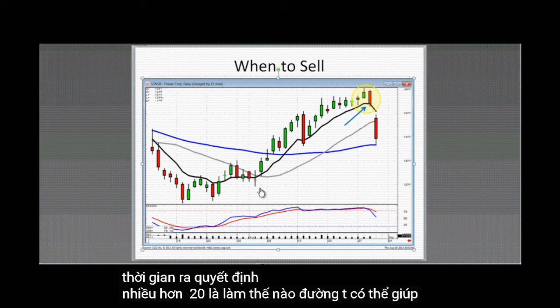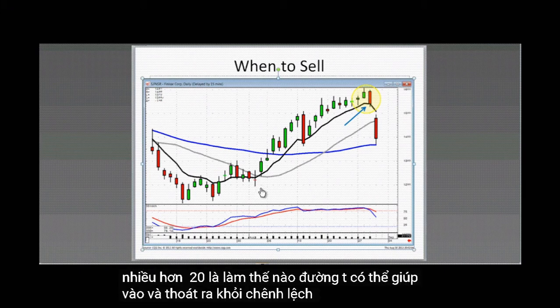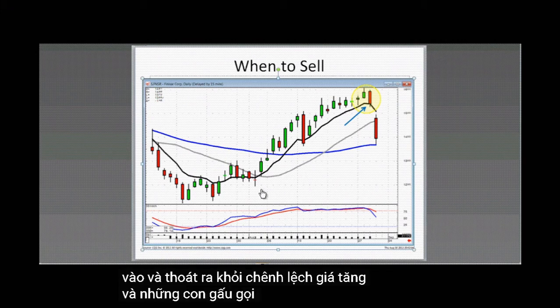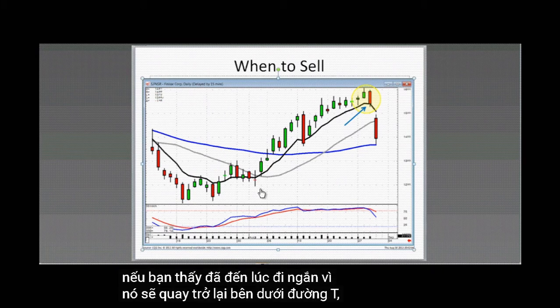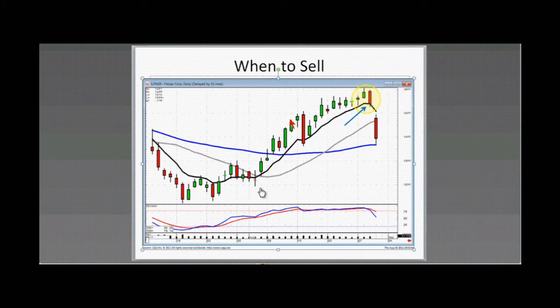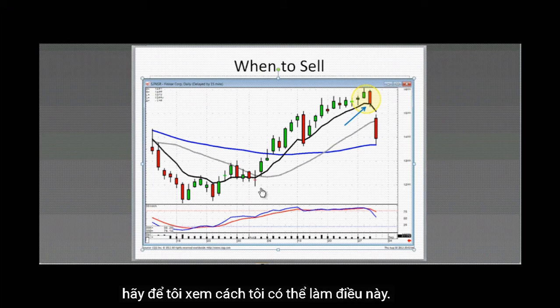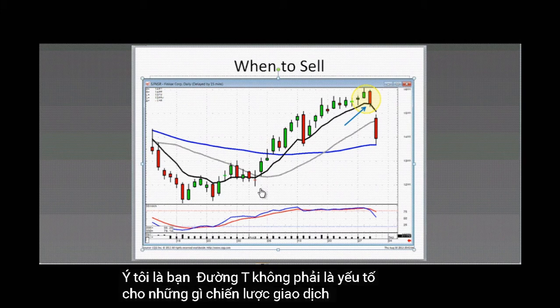How can the T-line help in entering and exiting bull put spreads and bear call spreads? Same scenario. If you see it's time to go short because it's going back below the T-line, well, the T-line isn't the factor for what trade strategy you use.